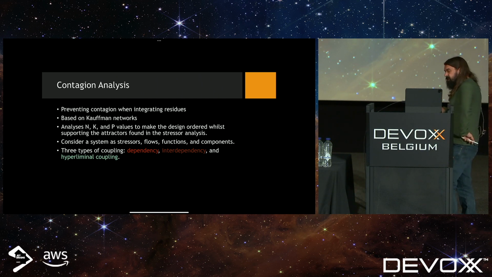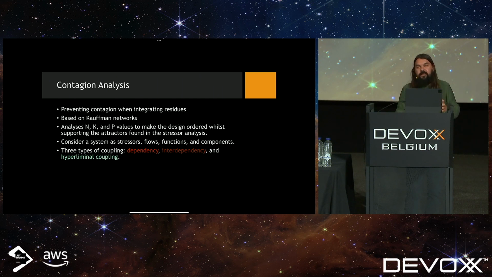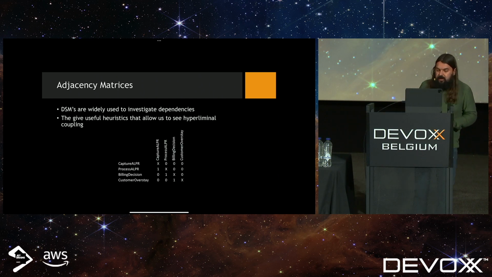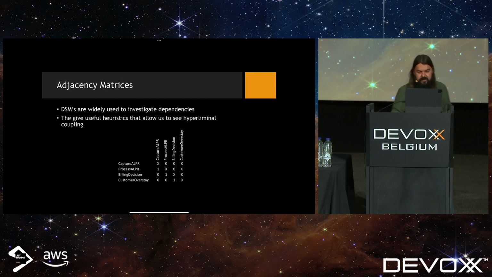And so contagion analysis helps us find this hyperliminal coupling to make sure that when we squeeze things together we're not missing things. And the first thing we do is, because networks are hard to draw, they're messy, it's okay sometimes, but usually it's better to express these things as matrices.